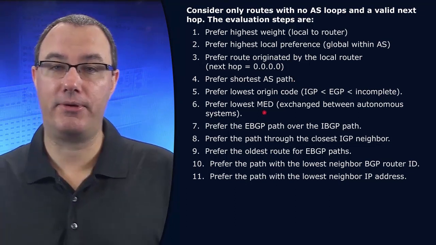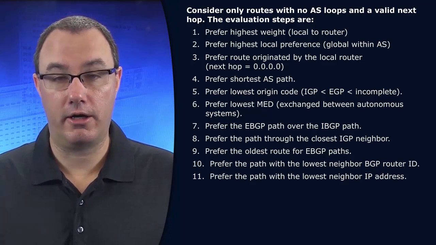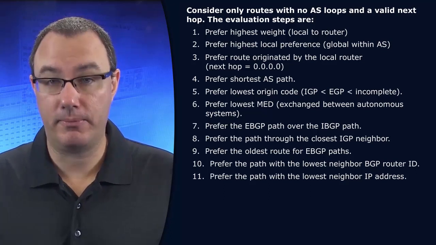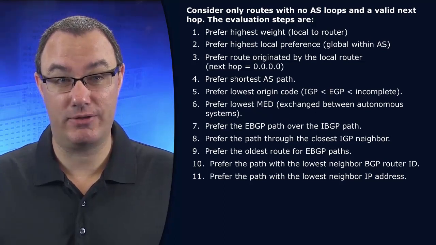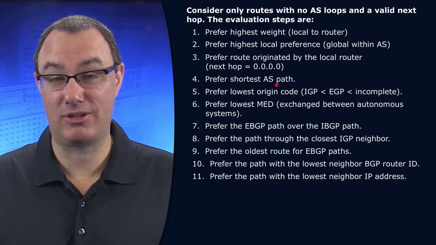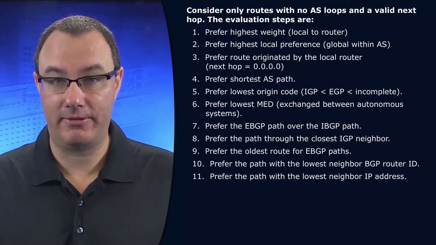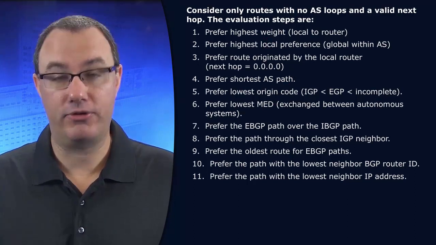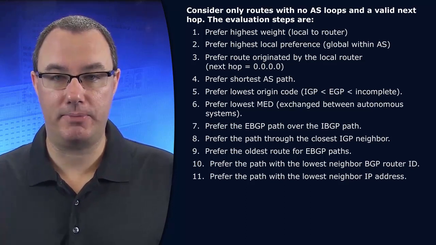Those are the most impactful BGP attributes for us because they affect us the most, and we can directly influence each of these, even the AS path. We can influence weight, local preference, AS path, and the MED. And once you understand how to do that, you have a lot of control over BGP path selection.